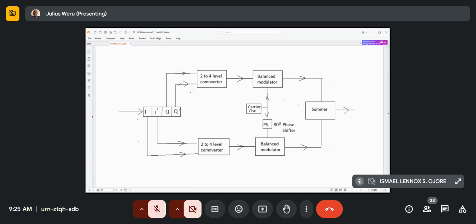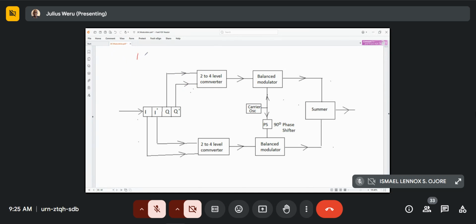So what you have here is your 4 bits at a time. Basically, this is what we call a serial to parallel converter. Here we are taking Q1 and Q2 symbols.